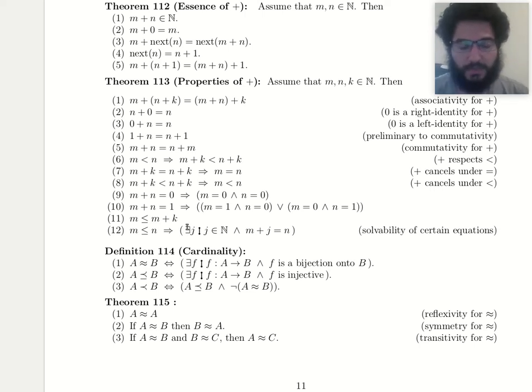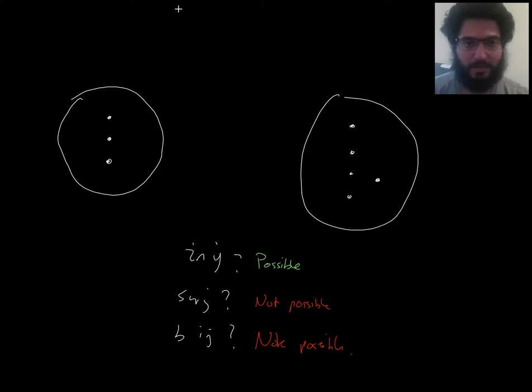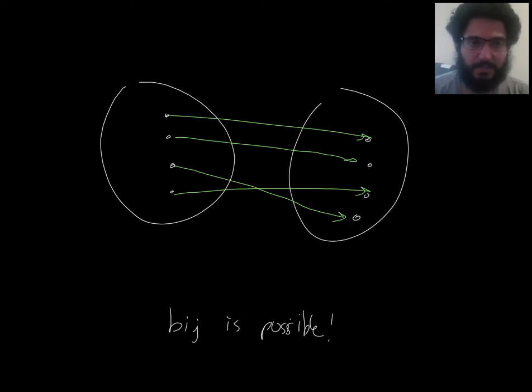I think it's really interesting that this is a part of our formal development, because this is probably, I don't know if this is historically true, but I'd like to imagine at least that this is how people would compare the sizes of sets before they had the ability to count up to a certain number.